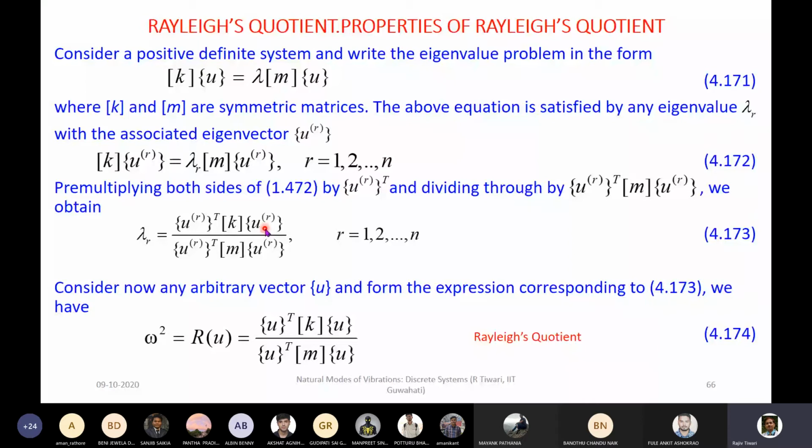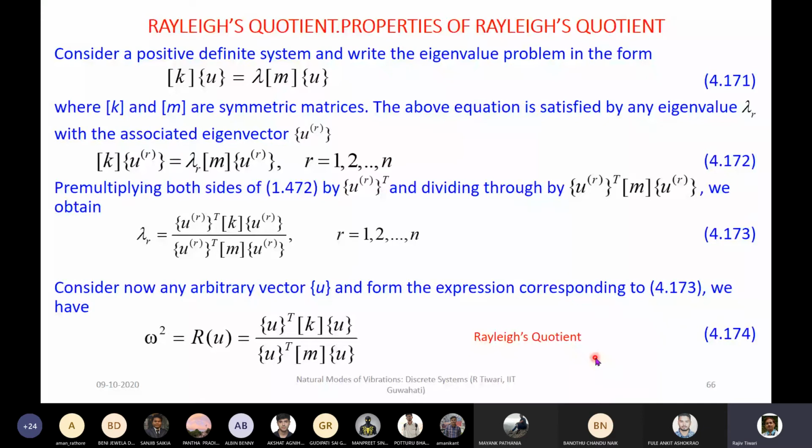If we choose other than the exact eigenvector, an arbitrary vector, as we chose arbitrarily in the previous example, then we'll get some ratio. That will definitely not be equal to the eigenvalue, but we will get some ratio, and this ratio is called Rayleigh's quotient. We'll see the property of this Rayleigh's quotient.